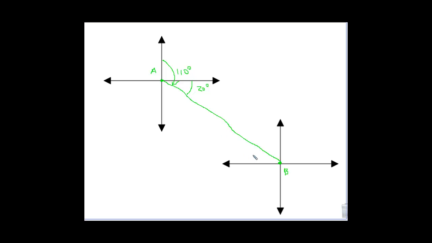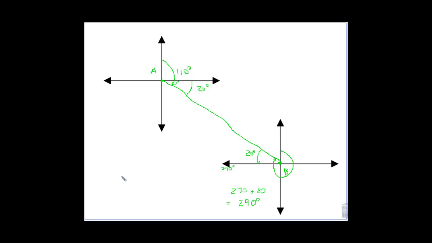If that's 20 degrees there, because these are all parallel, that would be 20 degrees there. So if we're looking at the bearing of A from B, then we'd have to go all the way around to that point there. Because we know that's 270, so 270 plus 20, the bearing of A from B would be 290 degrees.